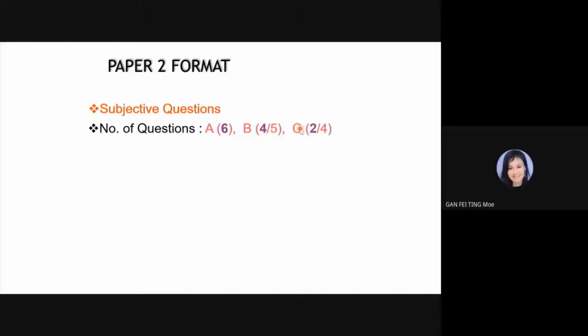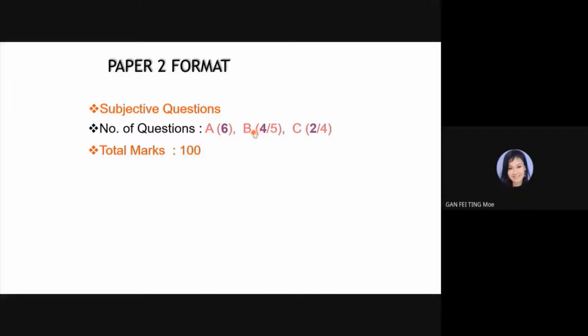And section C has 4 questions, 2 compulsory. For paper 2, the weightage is on B and C. Look at 4 questions and 2 questions. B and C will contribute 60 marks out of 100 marks. The 6 questions here will contribute 40 marks.